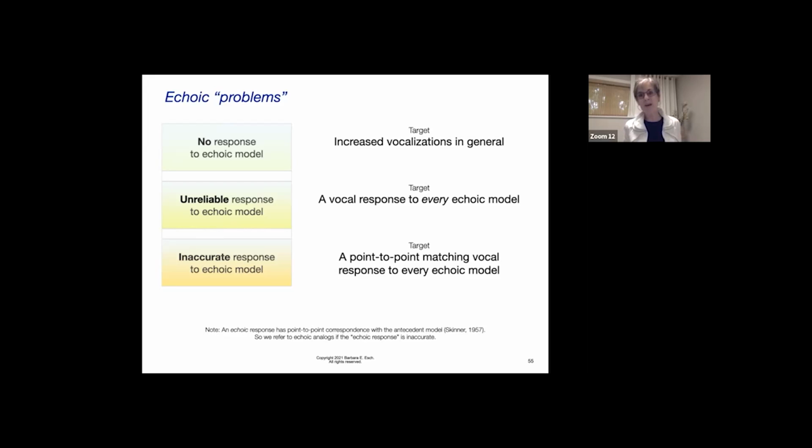And so the target for inaccurate responses is to get point-to-point matching on every echoic model. But we're trying to do it not just in an echoic drill context with early learners, but in mand contexts with echoic prompts and tact contexts with echoic prompts. And so we may not get point-to-point matching, but we may get closer approximations through the contingencies of reinforcement.